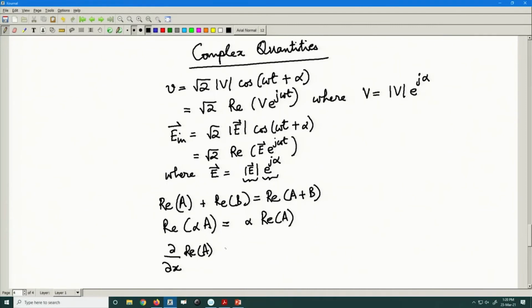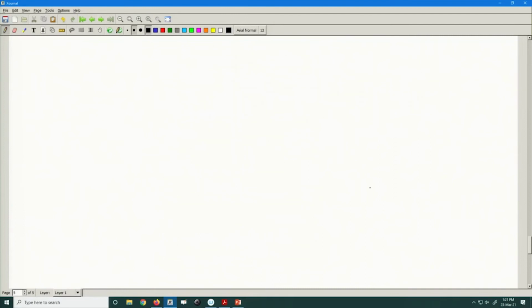Del by del x of real part of A is real part of del A by del x. Integral of real part of A dx is real part of integral A dx.